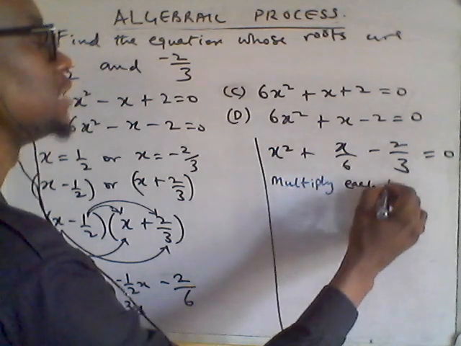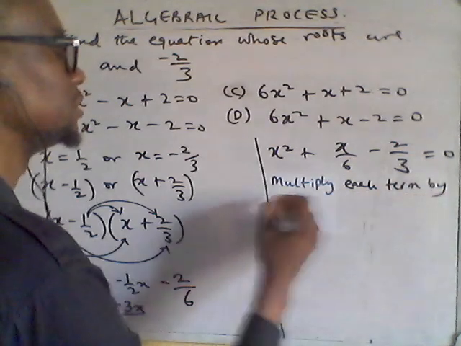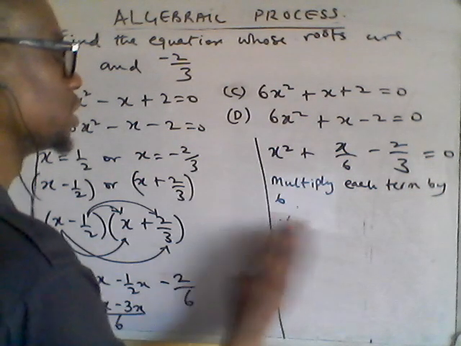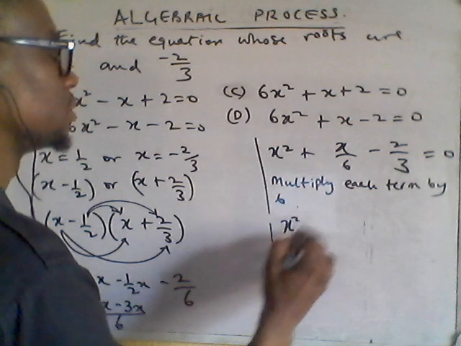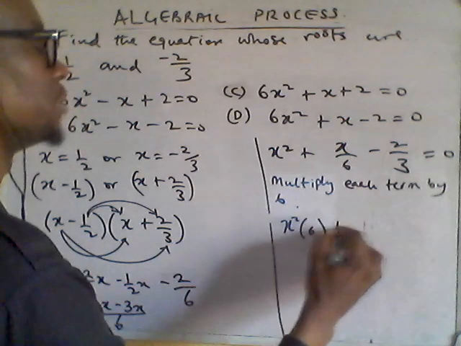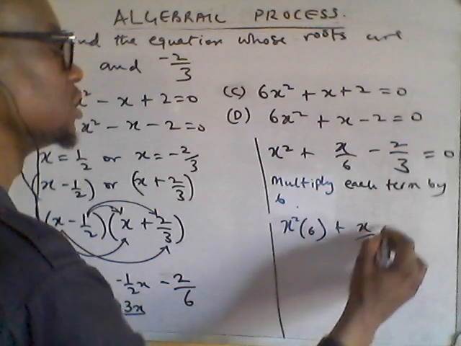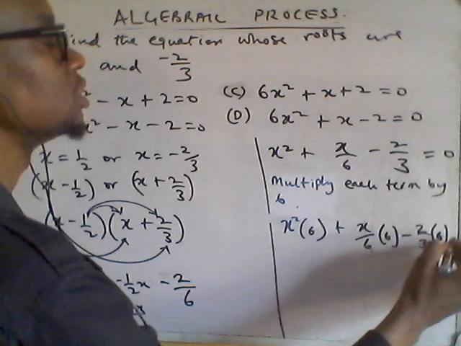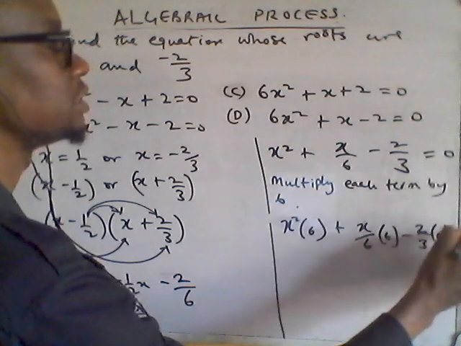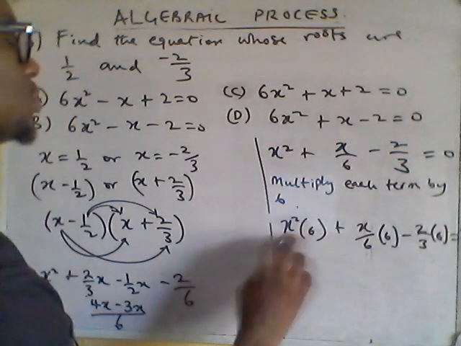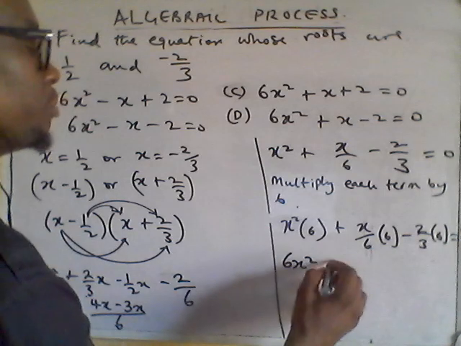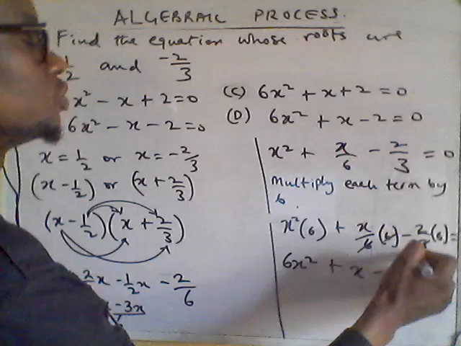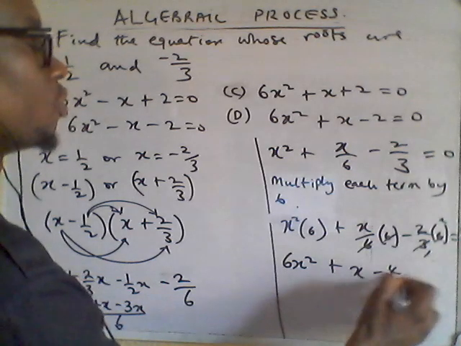So first term, x squared into 6, then second term, x over 6 into 6, then minus third term, 2 over 3 into 6. Even 0 into 6 is 0, so I don't need to write it in full. So this one now is 6x squared plus, this will cancel, I have x, minus this will cancel, 2 here 1, 2 here 2, 4 is equals to 0.